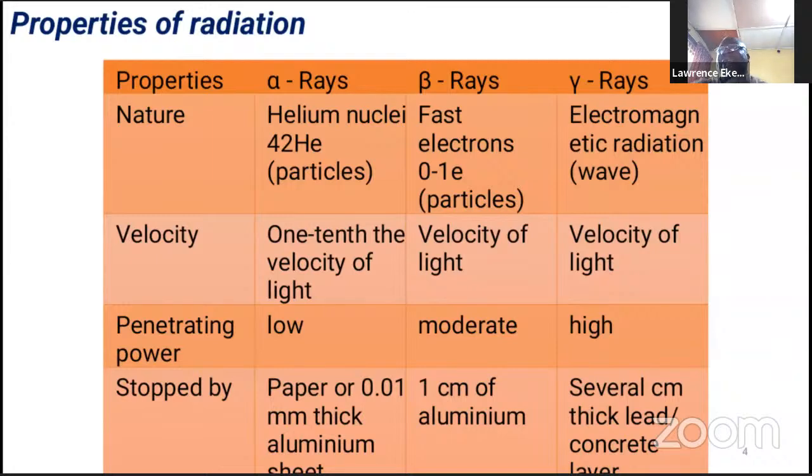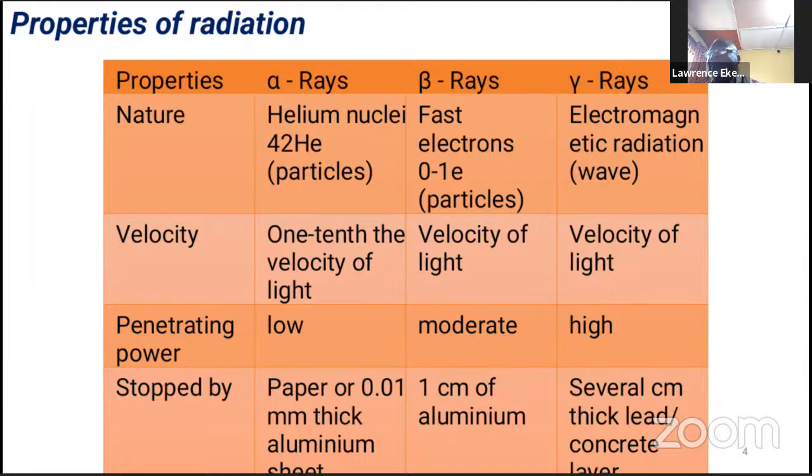They have less ionizing power compared to alpha particles. They can also be stopped by 1 centimeter of aluminum. So far I've said that beta rays are either electrons, negatively charged, or positrons, positively charged. They have more penetrating power compared to alpha particles, can be stopped by any metal foil, and have less ionizing power compared to the alpha particles.